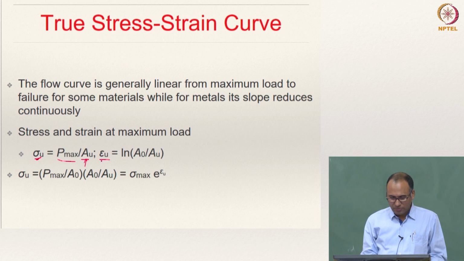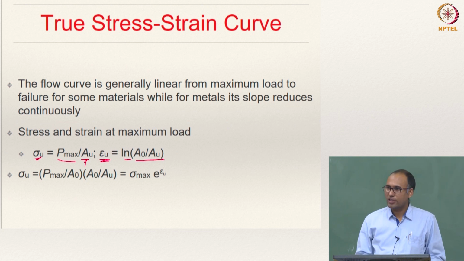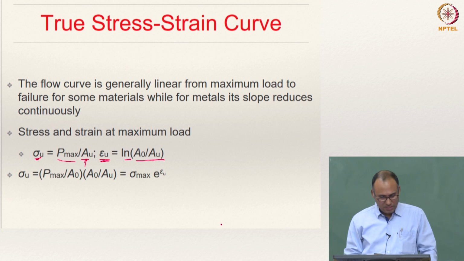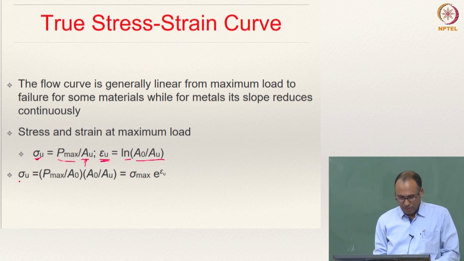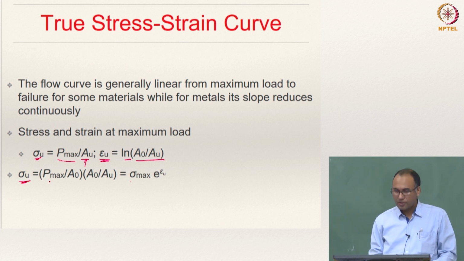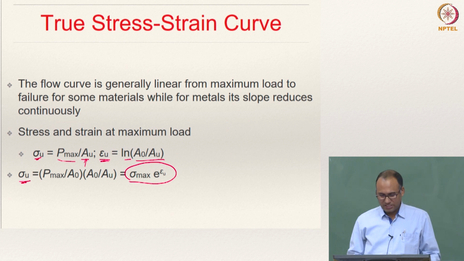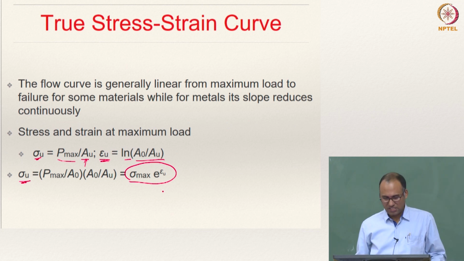Then epsilon u, a true quantity, is ln A naught by A u, corresponding to the onset of necking, that means the peak point. You can write sigma u in terms of P max and connect that with epsilon u as sigma max times e to the power epsilon. That is another relation, particularly where we are talking about the onset of necking.